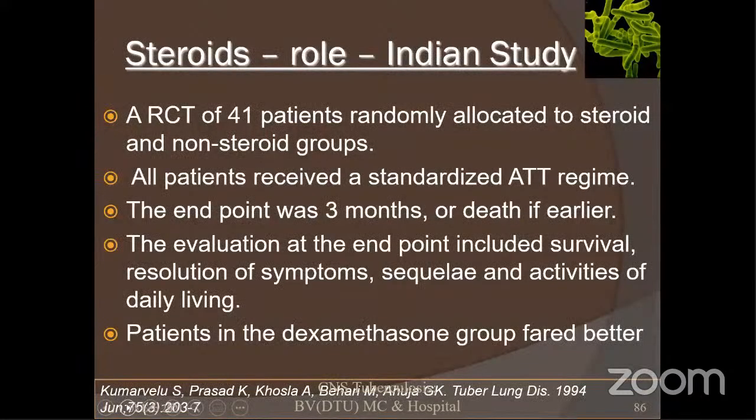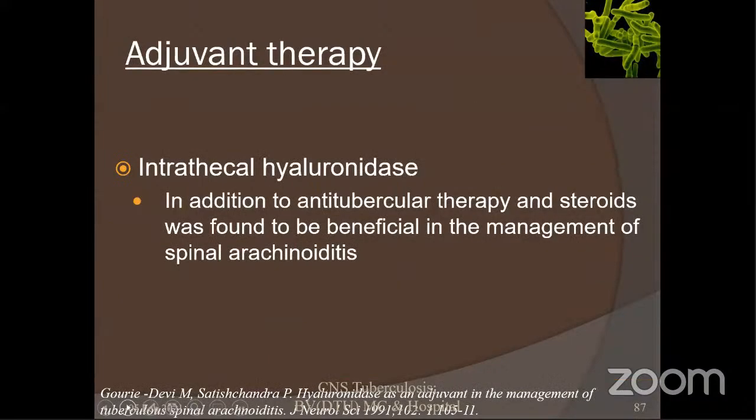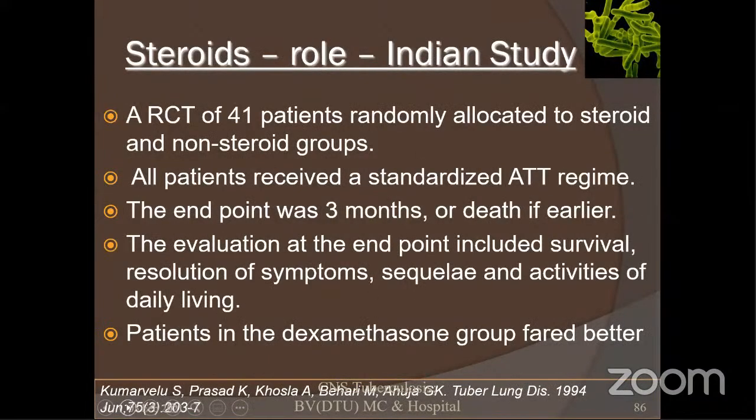In India also, there is an RCT of 41 patients randomly allocated to steroid and non-steroid groups by Dr. Kumar Velu and Prasad, and all patients received a standardized ATT regime. The endpoint was 3 months MRS or death, whichever is earlier. The evaluation at the endpoint included survival, sequelae and activities of daily living.